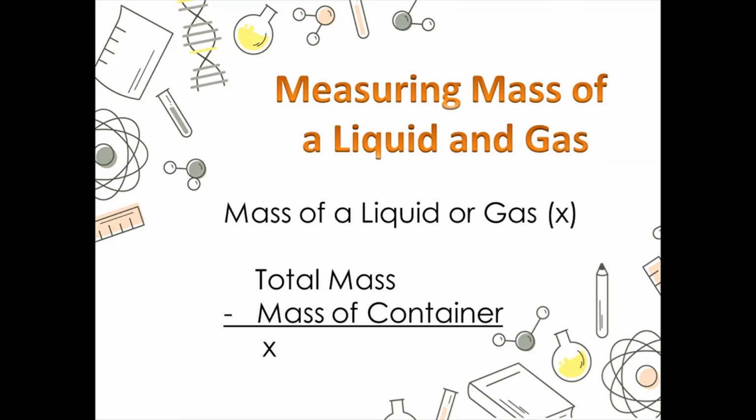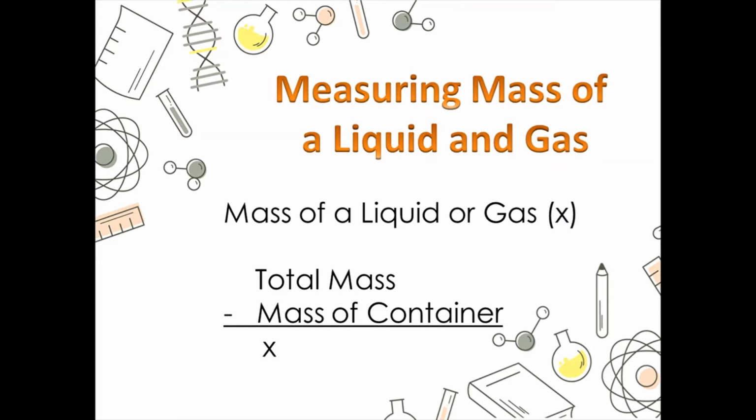So now you have the total mass, the mass of the orange juice and the glass, and the mass of the container, which is the mass of the glass. Now what you're going to do is subtract the mass of the container from the total mass. The remaining mass will be the mass of your orange juice.